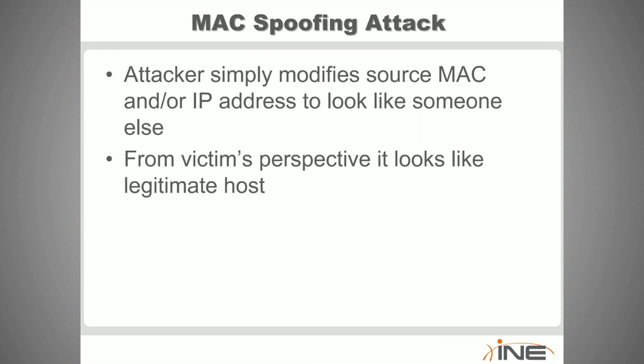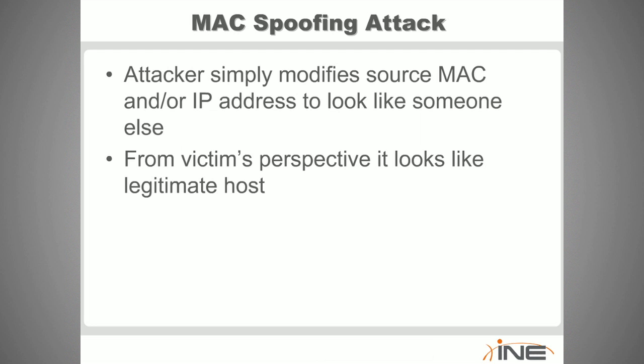So let's say, for example, I go to www.ine.com, and once I send the DNS resolution, I get back some IP address. Okay, I now know that this IP address corresponds to that server. If someone in the transit path starts sending me packets sourced from that same IP address, I have no way to tell, is that really the legitimate server, or is it someone trying to spoof that source address in the network?